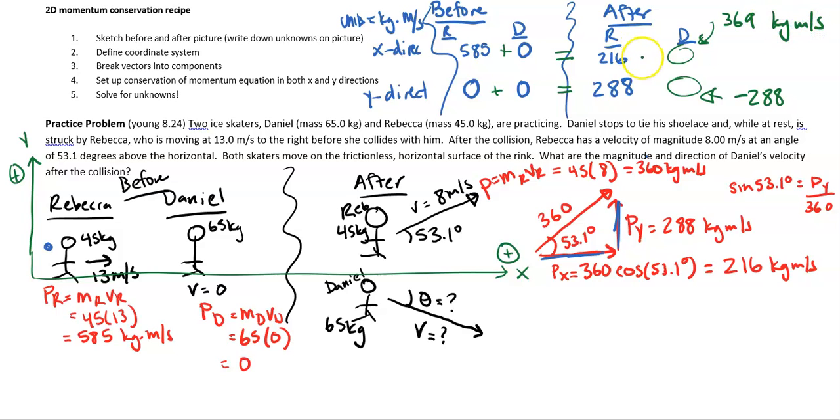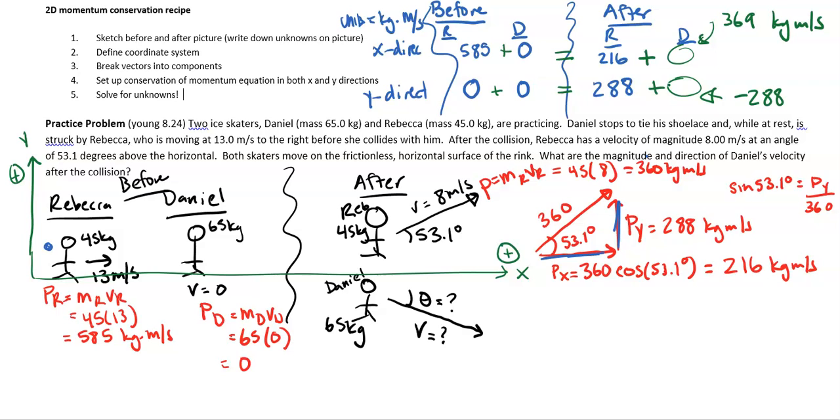And again, I think of this as a math statement: 585 plus 0 equals 216 plus whatever Daniel has, 369. Same thing over here for the Y. Cool. So it's like a good old math statement. Keep in mind, momentum is what is conserved, not velocity. People oftentimes make silly mistakes on that, but remember, momentum is conserved.